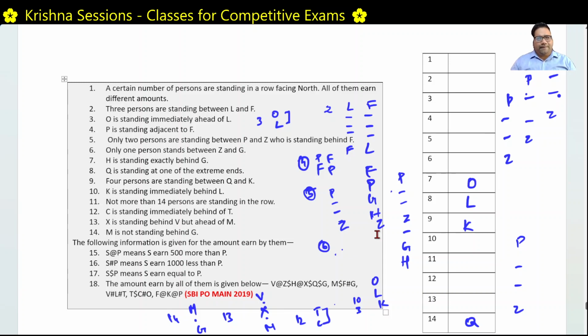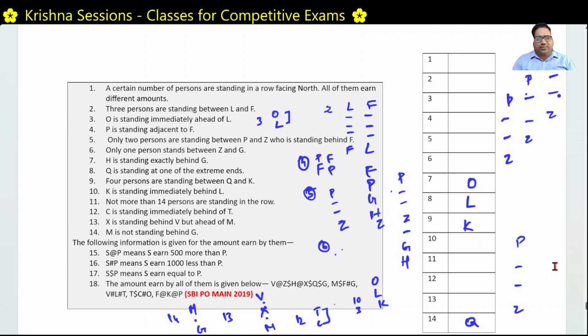Now, if P double space Z, in this case, G cannot be below Z because there is no space below Z. So G has to be here only. G can be above Z or G can be below Z, but there is no option of G below Z. So G has to take this.